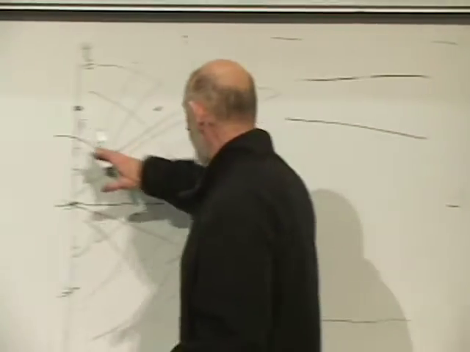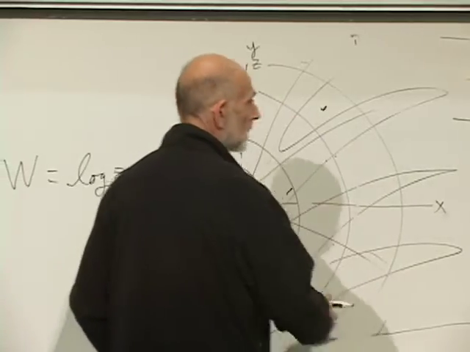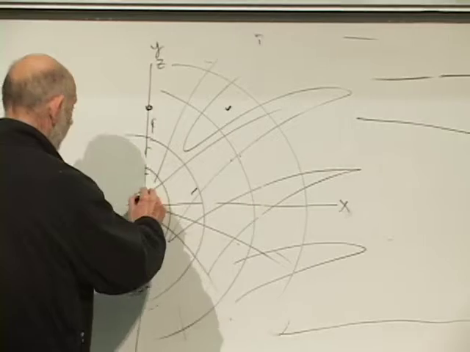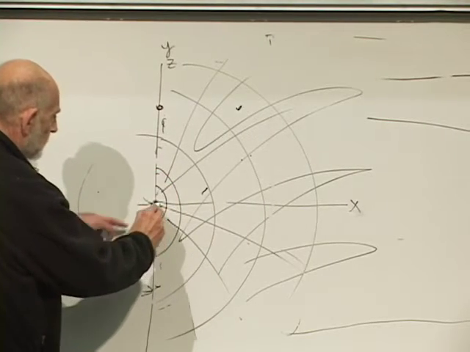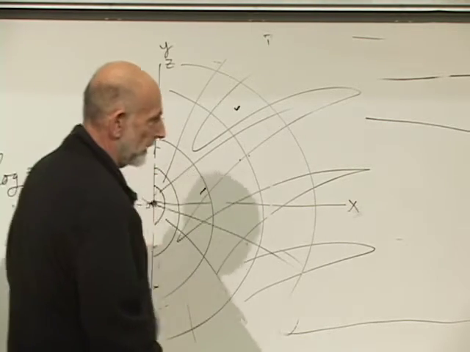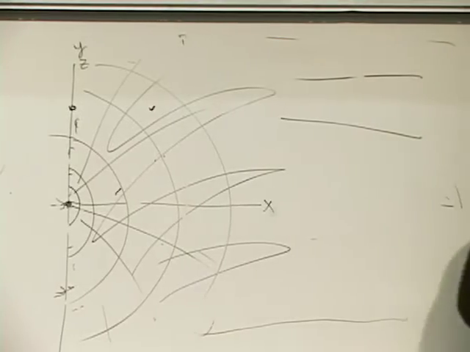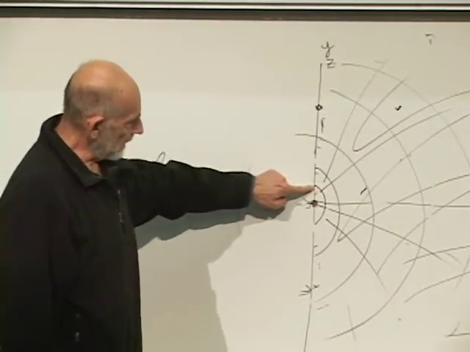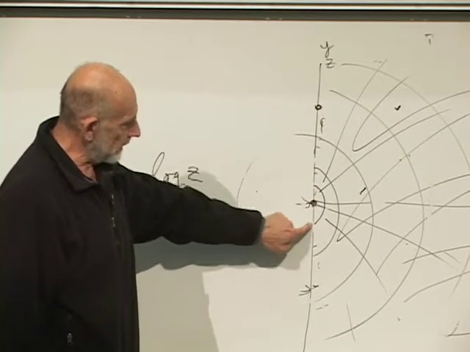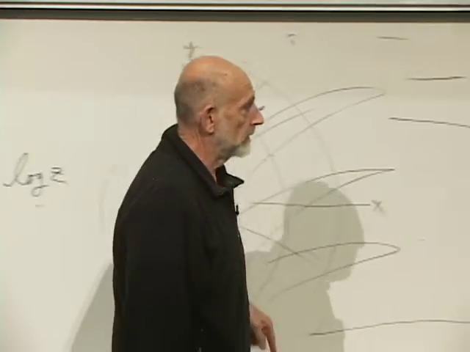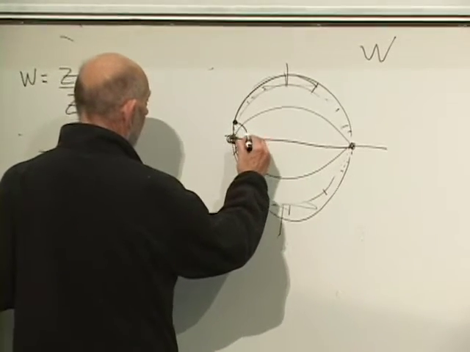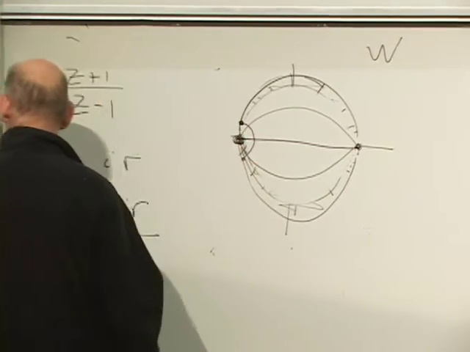Then there's the circles on here. Here's a circle. Every one of these circles sort of half surrounds this point here. They start on the boundary of the disk, they surround this point, go around, and come back to the boundary.